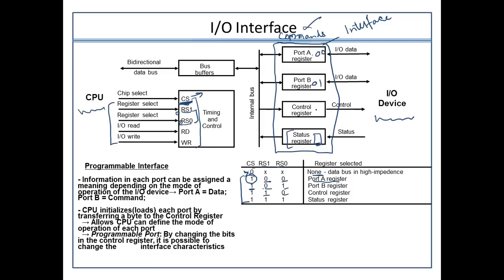If it is 1 and 0, the control register, and for 1 1 the status register will be selected. Accordingly they will be placed on the interface bus or the internal bus, and will take the data through this bus buffer to the CPU. This is how the entire communication will take place.